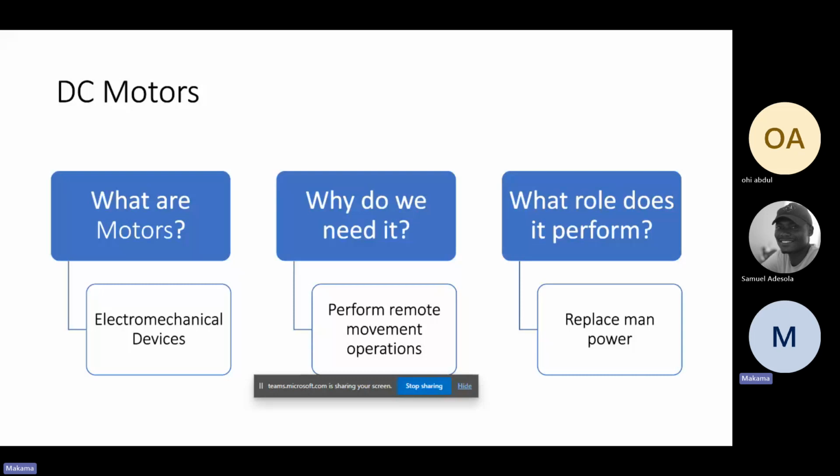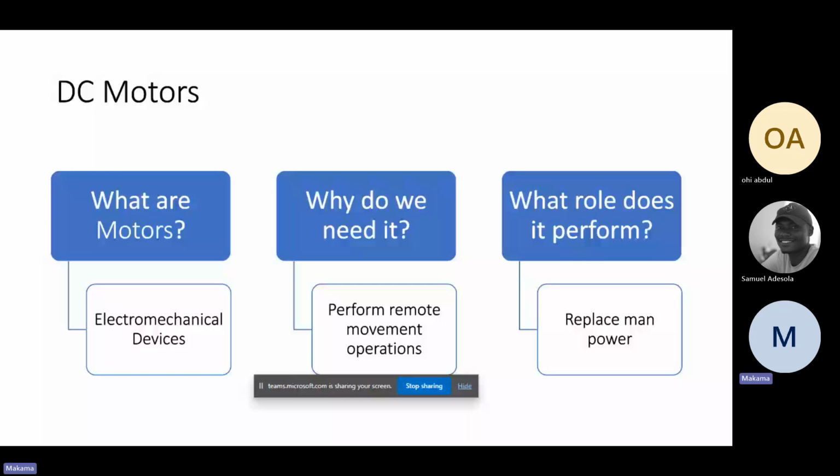It is not fully mechanical and not fully electrical or electronic. Electromechanical devices need excitation, that means an input from a DC source or some electrical source, for them to operate mechanically, or they output mechanical motion once you give them an electrical input.